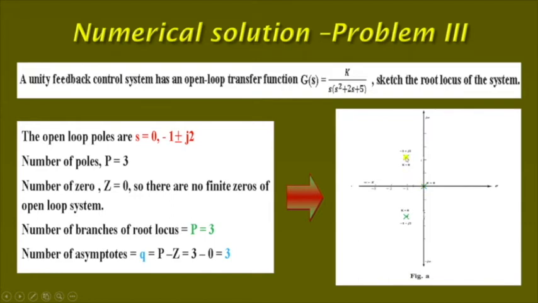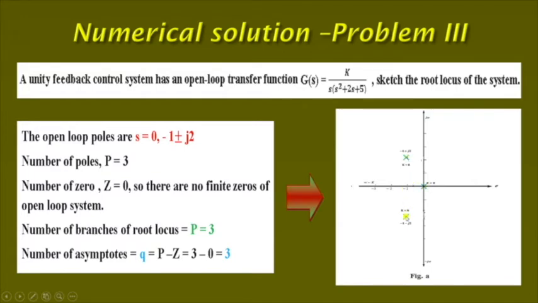Then draw the poles and zeros. There is no zero and only one open loop pole at the origin, and draw another open loop complex pole. This is plus 2, that means j2, and this is minus 1. So this point is minus 1 plus j2.